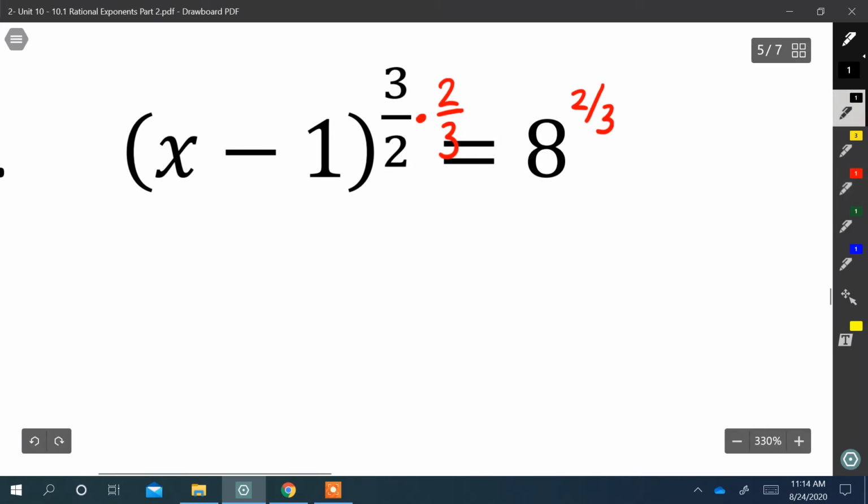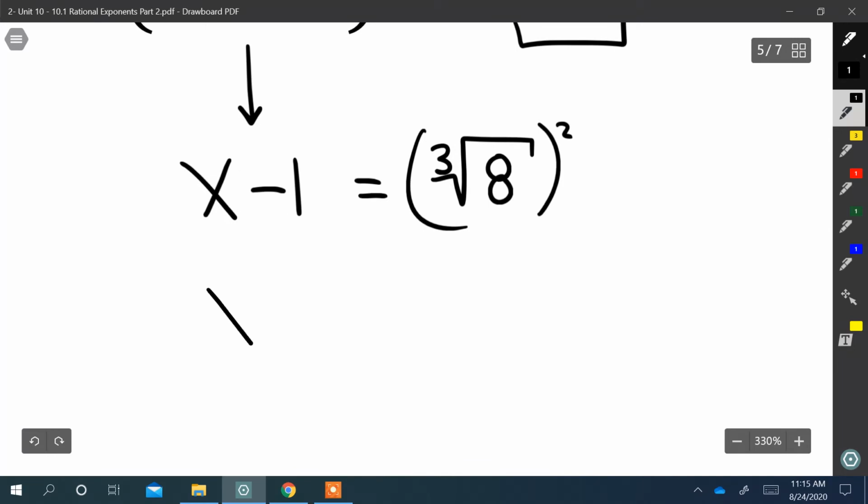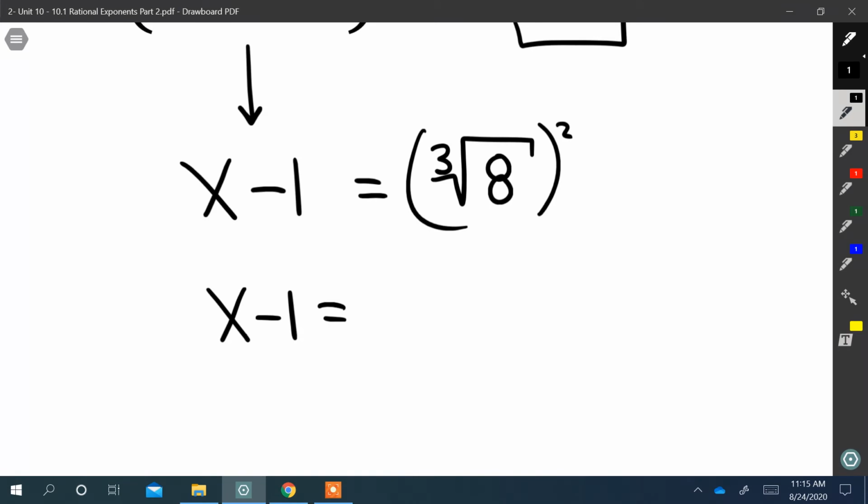So what that's going to do is, this and this and this and this cancels out. Okay, and you end up getting x minus 1. Now this right here, we know how to deal with that already. This one we can rewrite it as the cube root of 8 to the second power. Okay, the cube root of 8 is actually 2, because 2 times 2 times 2 is 8.